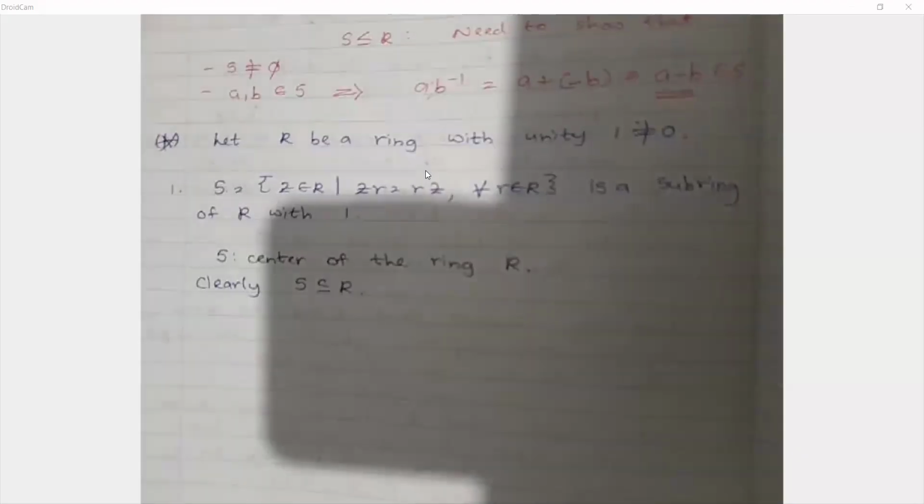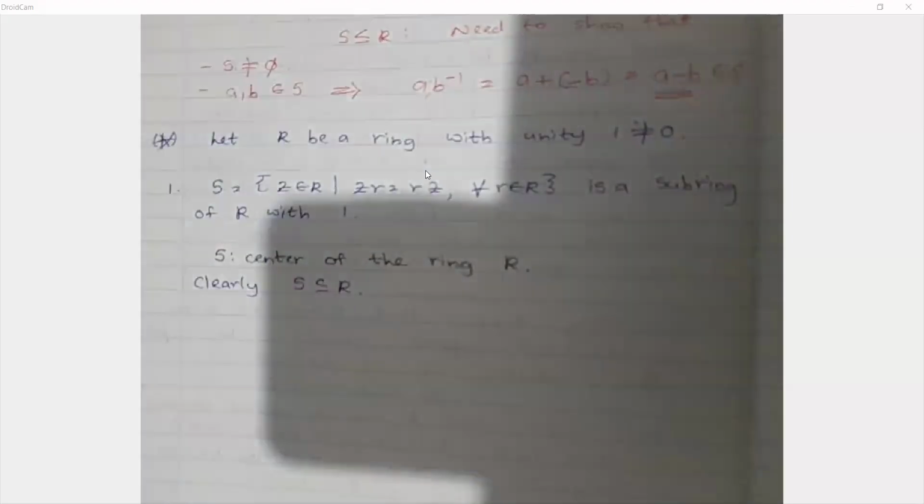Now, we also have to show that 1 is contained in it, right? Observe, R is a ring with unity, so 1 is an element already in R. Not only that, 1 is the multiplicative identity, so 1 will commute with every element in R by definition.